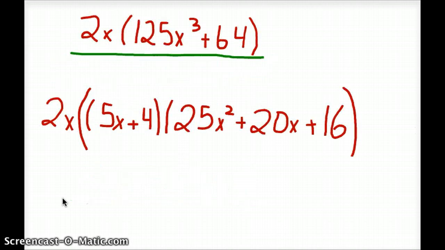After you plug in a and b, your final end product should be 2x(5x plus 4)(25x squared minus 20x plus 16).